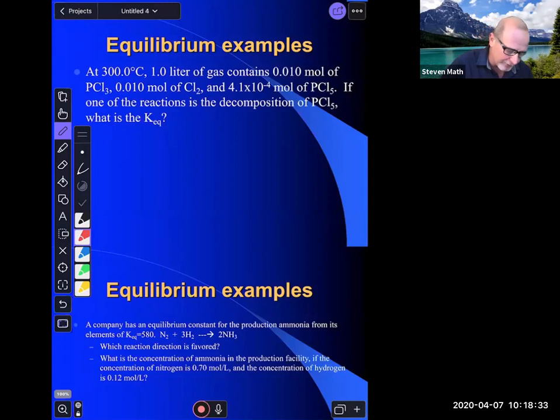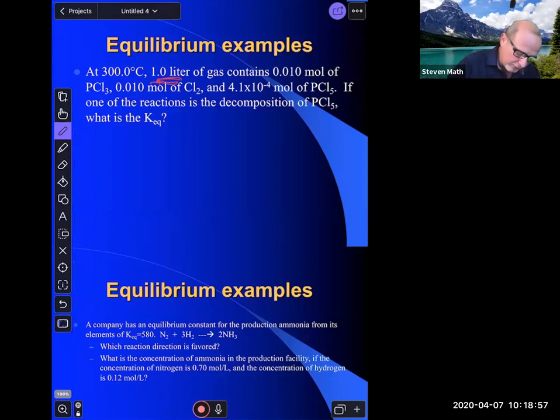So at 300 Celsius, 1 liter of a gas contains 0.1 mole PCl3, 0.01 mole Cl2, and 10 to the negative 4th moles of PCl5. If one of the reactions is the decomposition of PCl5, what's the KEQ?